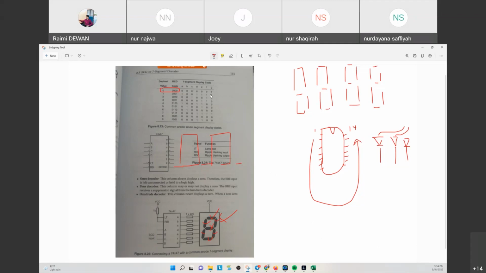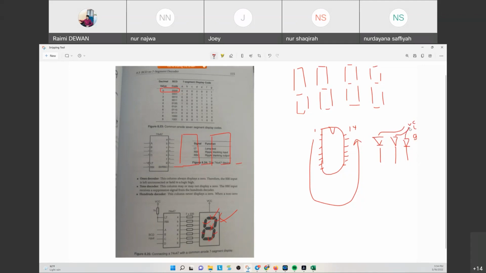For example, you see the G here. Here is the VCC. Imagine in order to get 0, G cannot turn on. So the G needs to be connected to the VCC.